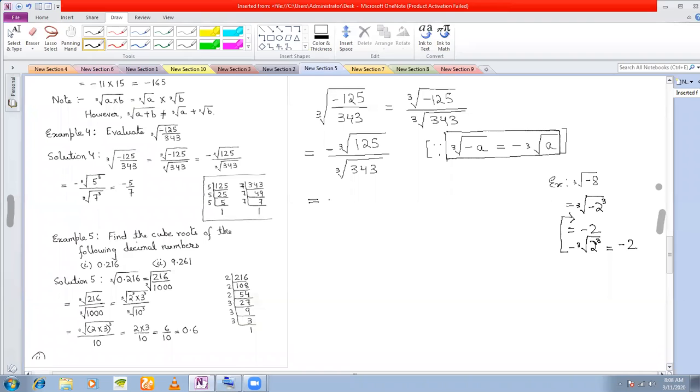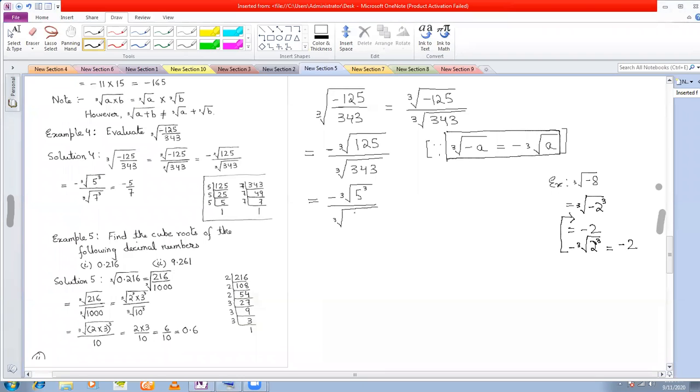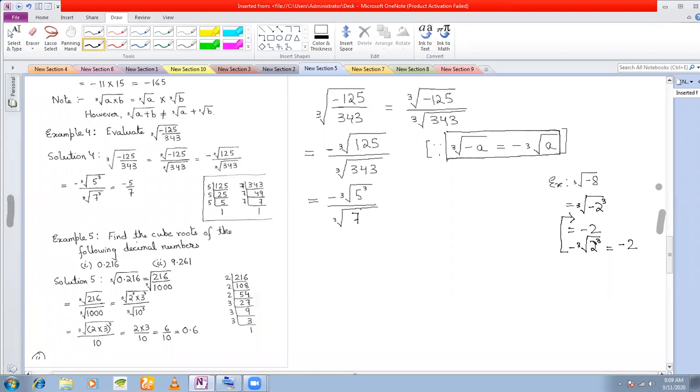So now from here we have minus the cube root of 125, and you know that 125 is nothing but the cube of 5. 5 into 5 is 25 and 25 into 5 is 125. Divided by the cube root of 343, which when you prime factorize is 7 cube. That is why I had given you the table of cube numbers from 1 to 10 at the beginning.